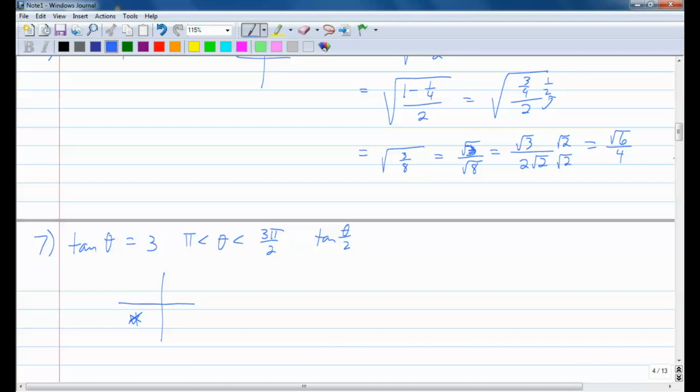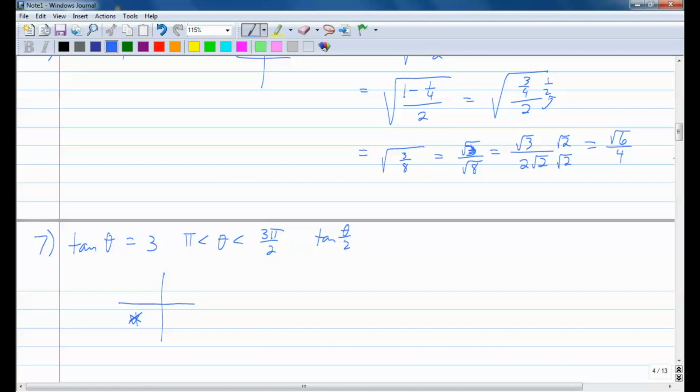Now this one's going to be a little tricky. All the other ones we've worked with half angle have been in the first quadrant, so we haven't had to worry about moving it, because if theta was in the first quadrant, theta divided by 2 is also in the first quadrant. This one here, though, theta is in the third quadrant, so that is why we have a positive 3 here. So we're going to have to use that to find sine and cosine because of our formula.